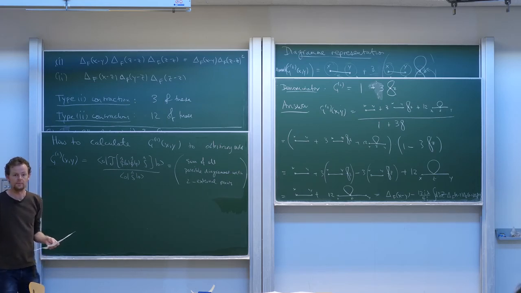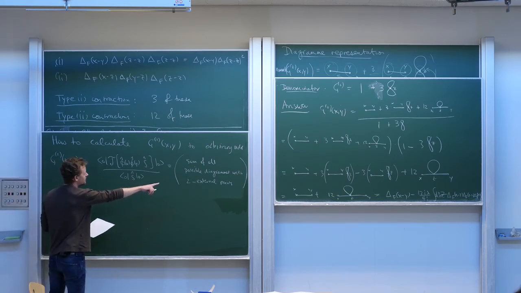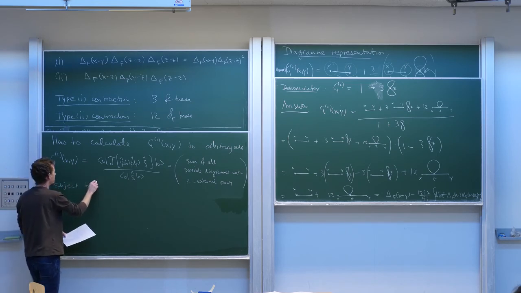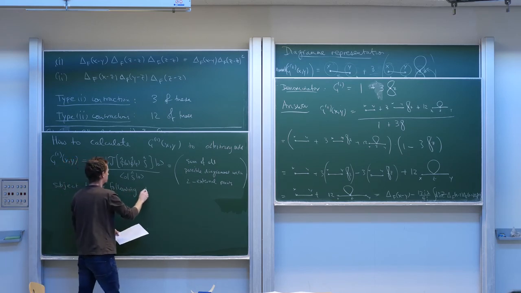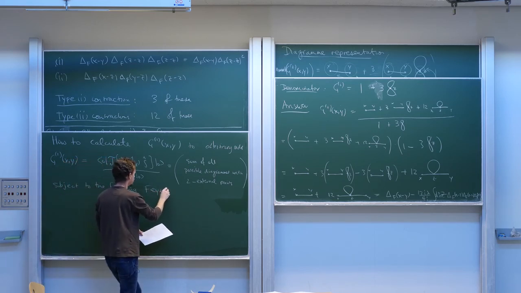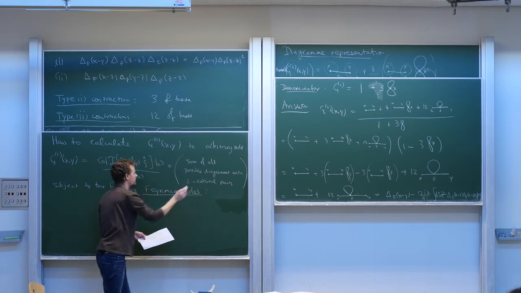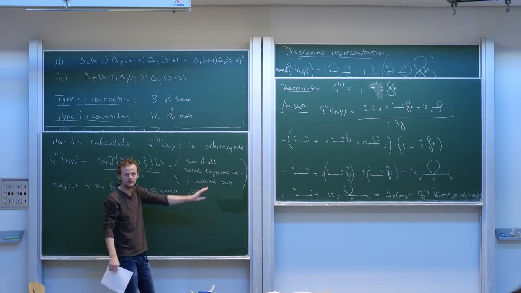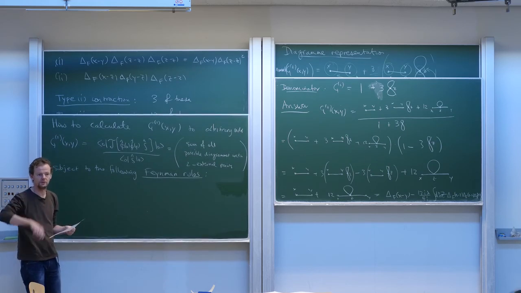But I hope it's plausible that you sum all the possible diagrams with two external points subject to the following rules, which are called the Feynman rules. So there's zillions and zillions of possible diagrams, but there's some rules. You can't just write down arbitrary diagrams with vertices of degree 6 or something.